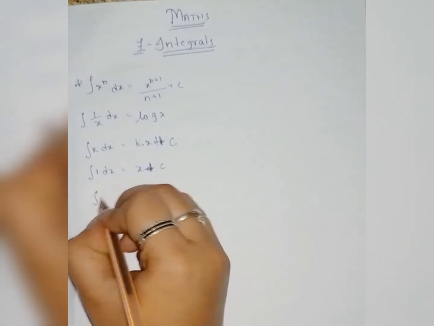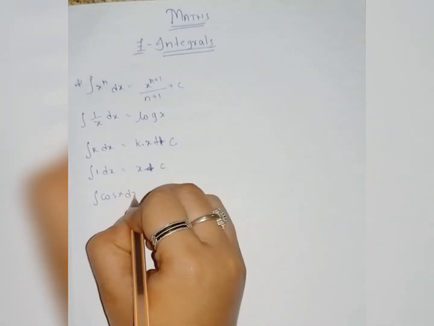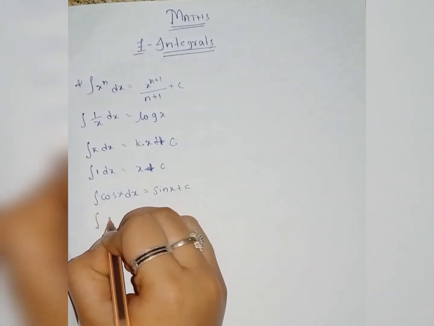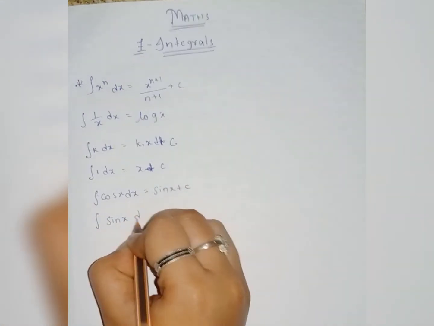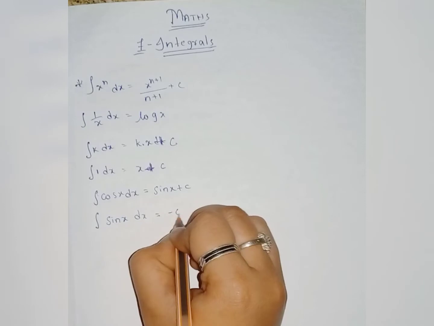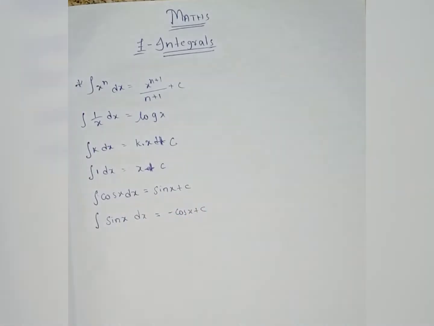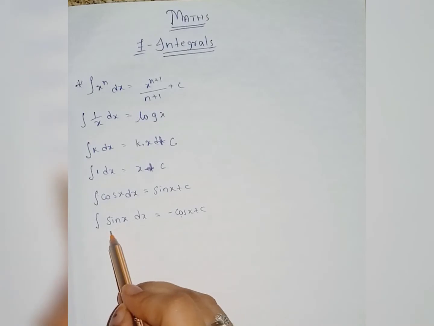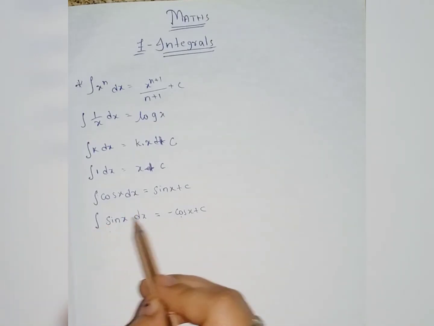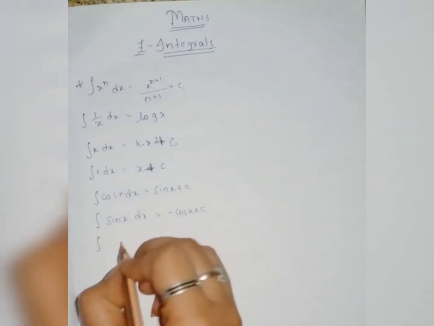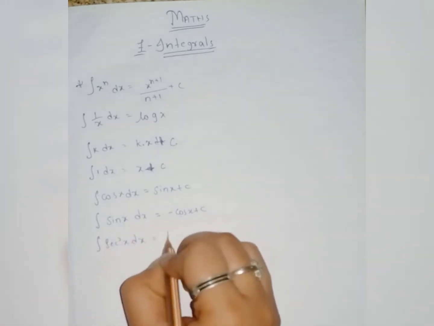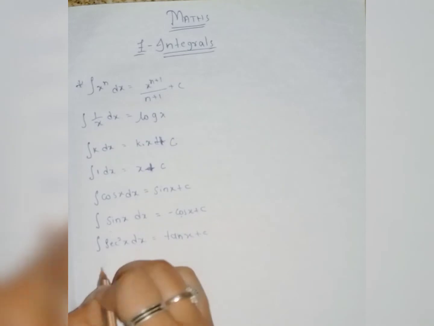The next one is integration of cos x dx is sine x plus c. Integration of sine x dx is minus cos x plus c. How do we get this? Differentiation of cos x we get as minus sin x, whereas integration of sin x we get as minus cos x. Integration of secant square x dx is tan x plus c.